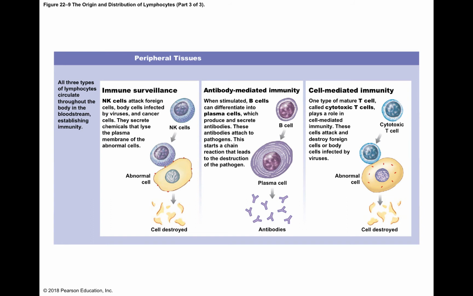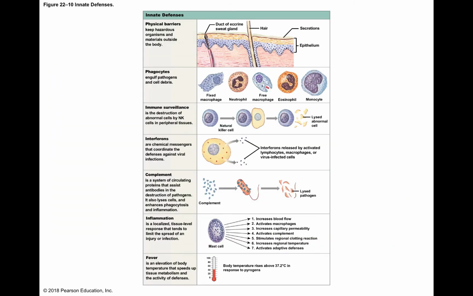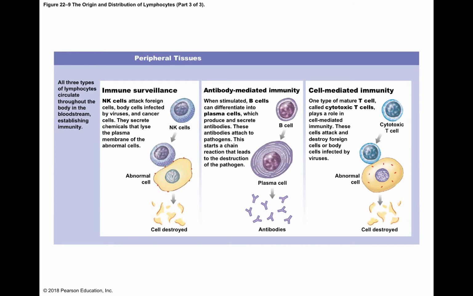Now, when the T cell is activated, it's going to be able to divide into 4 different types of cells. I'm going to see quickly if they have another picture of the 4 different types of cells. Yeah, all right. So the T cells go through division, and they can specialize to become a cytotoxic T cell. The cytotoxic T cell is just like the natural killer cell.